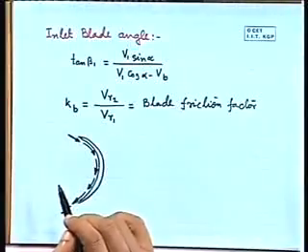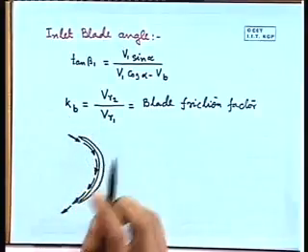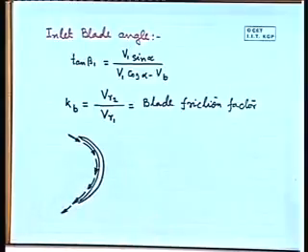So, that is why we define a factor Kb, which is Vr2 divided by Vr1. If this is 1, then there is no friction and inlet relative velocity is equal to the relative velocity at the exit. If there is friction, then the relative velocity at the inlet and exit are different.